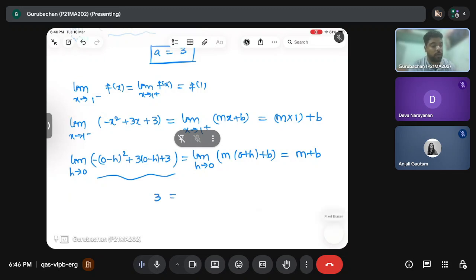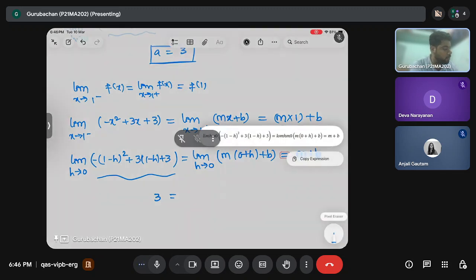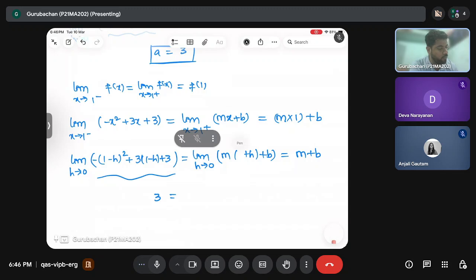Oh, sorry. Here we are dealing with 1. So here it should be 1 minus h and 1 minus h. And here it should be 1 plus h. Okay. So when you substitute, this is a polynomial in h.